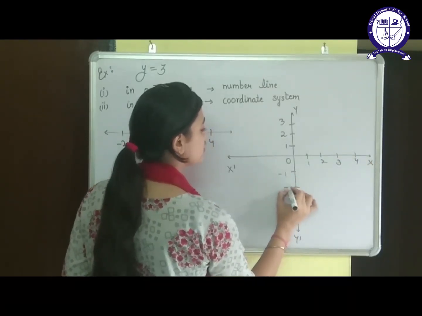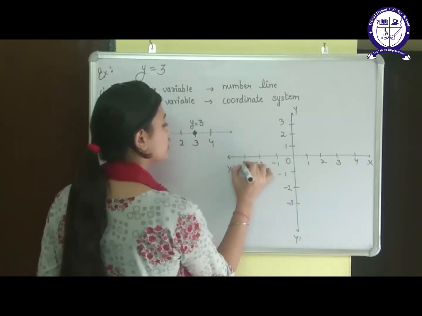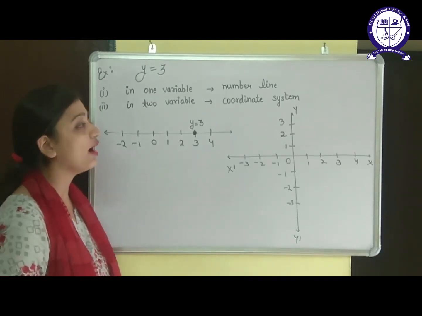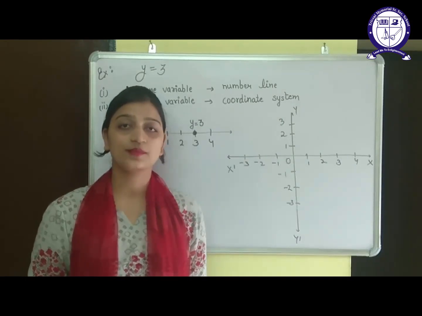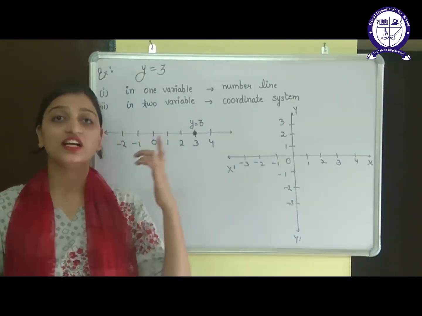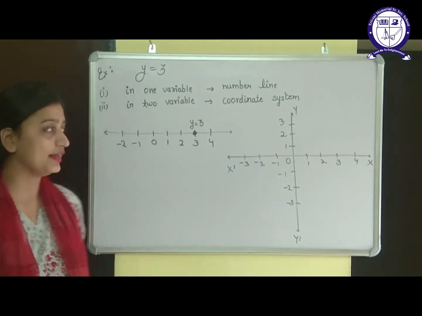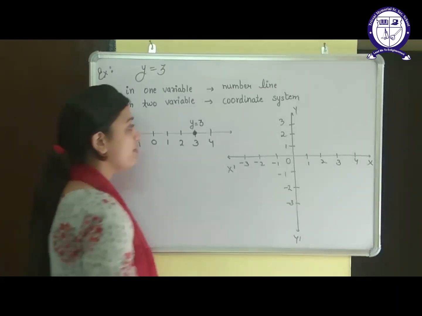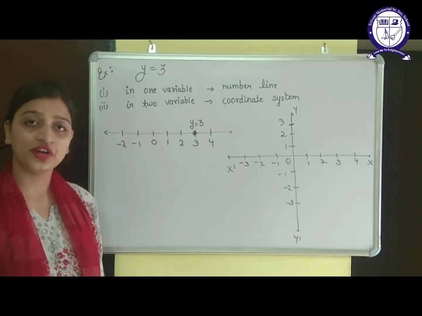Some negative values you can write. This is my coordinate system and I need to put y equals to 3. Always remember, in the coordinate system any equation in two variables will be a straight line. So first of all, search where y equals to 3. Y is 3 here, but my answer should be a straight line.